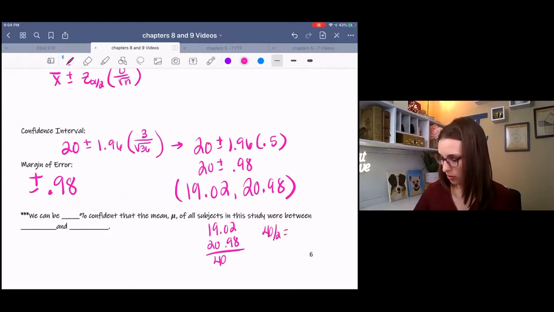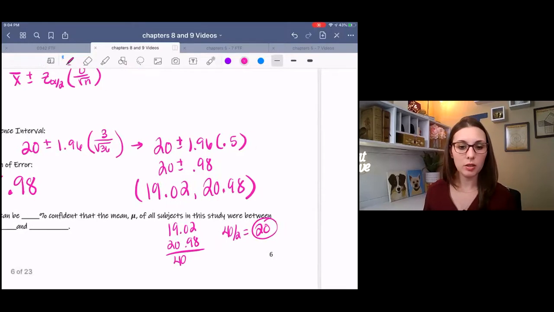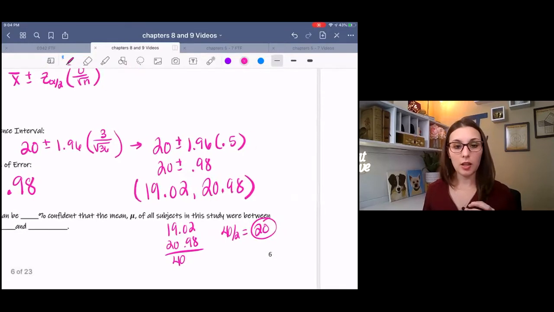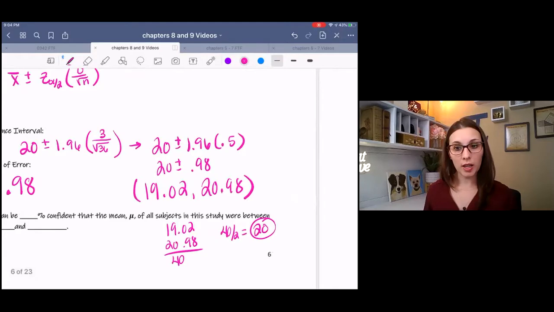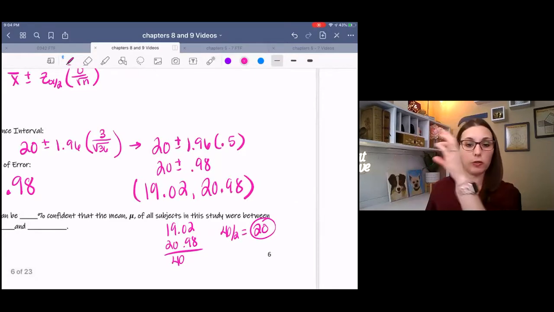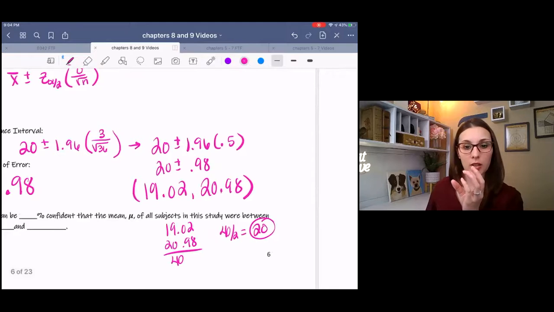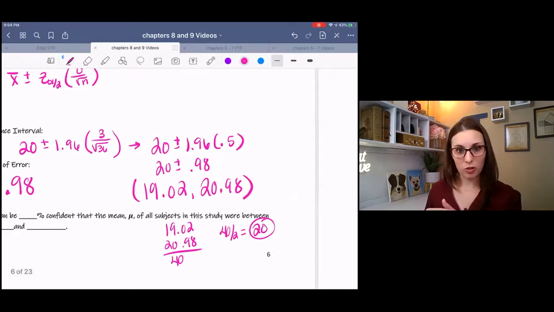There's two values, so we know the center is 20. And then if we know the center is 20, then we can figure out how far one endpoint is from 20 to figure out the margin of error. So as long as you're given the confidence interval, you can work your way backwards to find the sample mean and the margin of error.